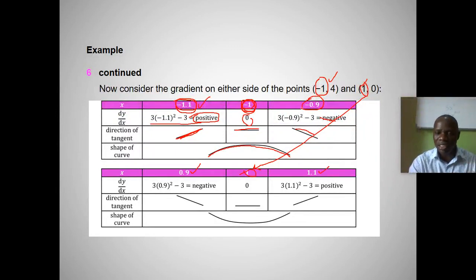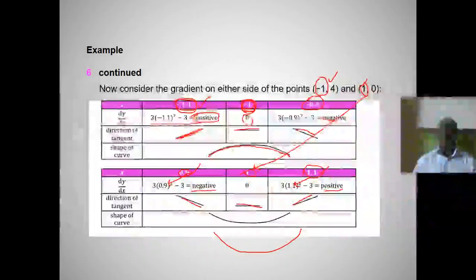So we do what we did at first. We put 0.9 into our derivative, test it there, and it gives a negative answer. Then we put 1.1 in our derivative, and it gives a positive answer. Therefore, it is from negative through 0 to positive. So it's a smiley face.